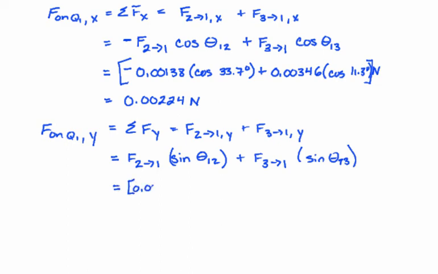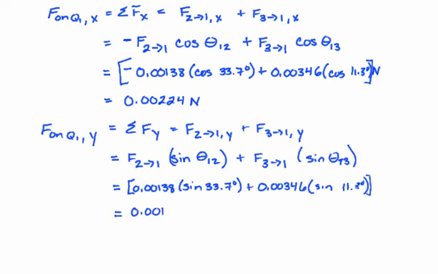Plugging in our numbers for the forces and our angles. This is newtons. Everything goes into the calculator. And we get 0.001 newtons for the total force in the y direction.